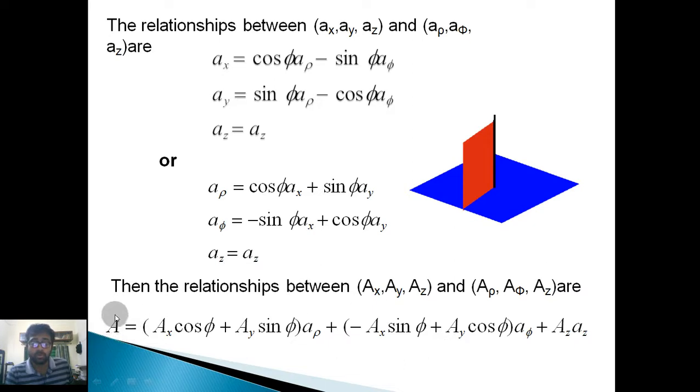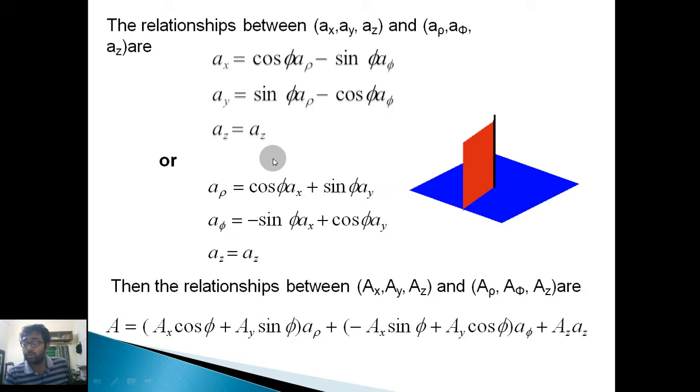To describe it, we use x and y along the rho, along the phi, along the z. This is the value of the vector along the phi axis, and this is the value of the vector along the rho axis. We take the vector component a suffix x and the vector component a suffix y, and using these we determine the vector component along the rho axis, and similarly for the others.